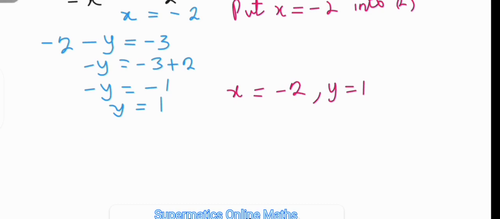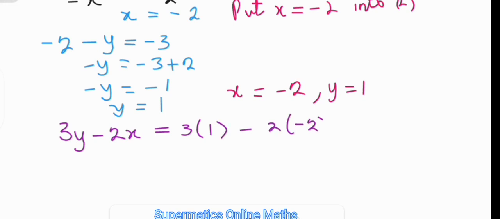And don't forget that we are required to find the value of 3y minus 2x. And this is going to be 3 times 1 for 3y minus 2 times negative 2 for 2x. This is 3, and when we distribute, negative 2 times negative 2 gives a positive 4. So we've got 3 plus 4, and the value of 3y minus 2x is 7.